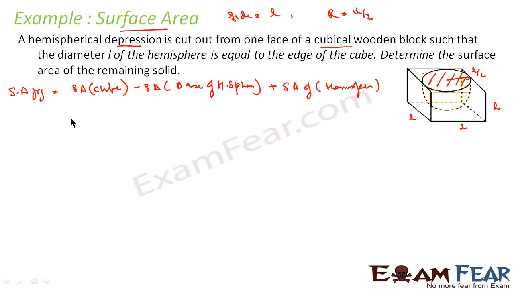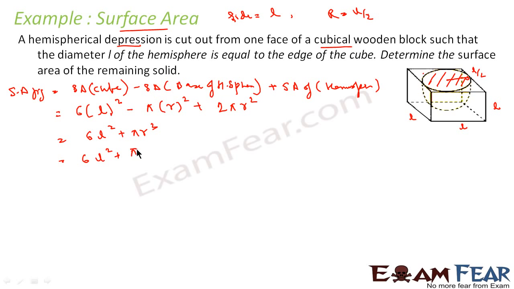Now surface area of cube is what? 6 into side square, 6L square, minus the surface area of the base of the hemisphere, which is pi r square, plus the surface area of the hemisphere, which is 2 pi r square. So what we get? 6L square plus pi r square. Let me write r also in terms of L. Pi r square is nothing but pi into (L by 2) square. So what we got? 6L square plus pi L square by 4.